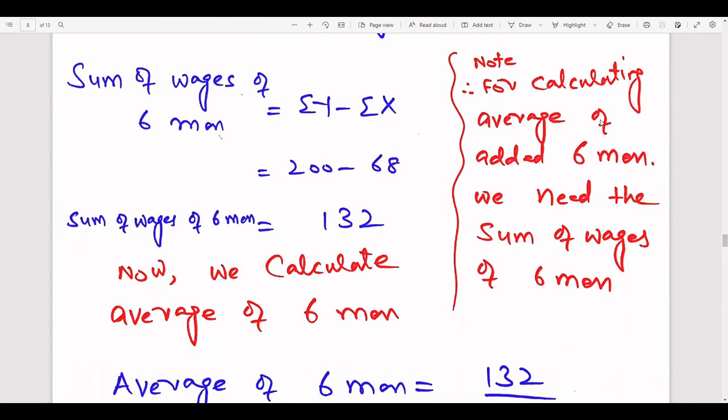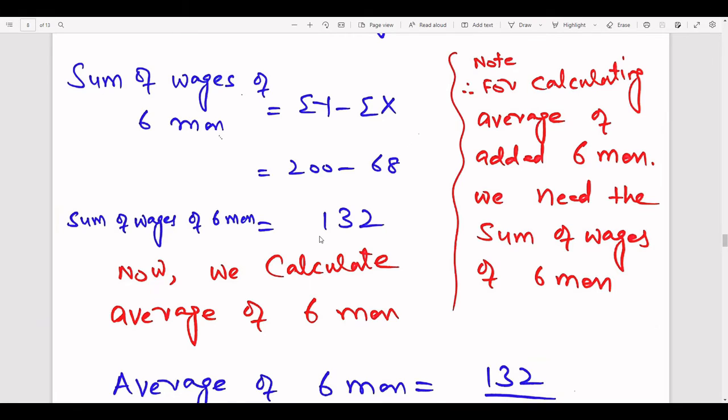For calculating the average of the added 6 men, we need the sum of wages of 6 men, because our main task is to calculate the average wage of the next 6 men that we add to the 4. So before calculating the average, we need the sum of wages. We find it by the formula sum of y minus sum of x, so the sum of wages of 6 men is 132.